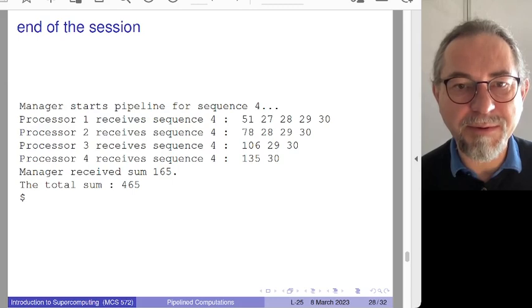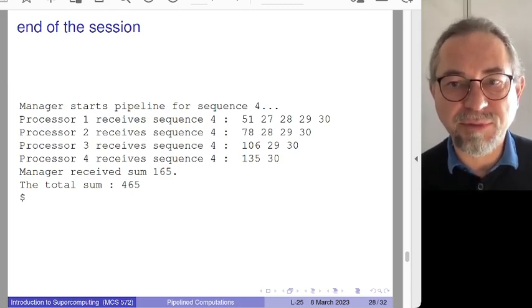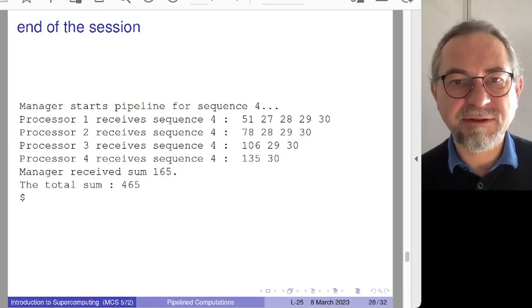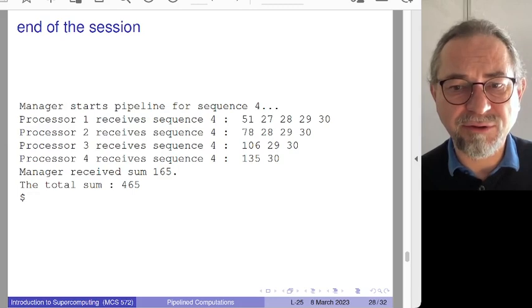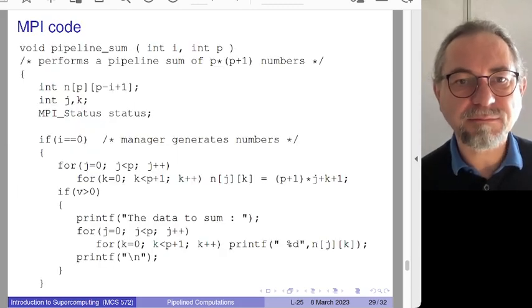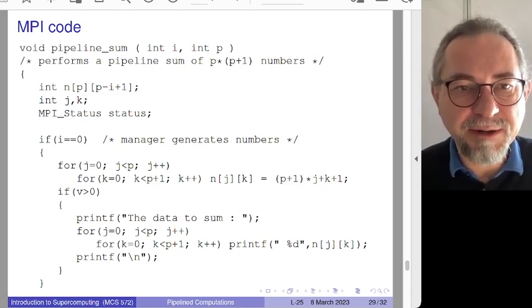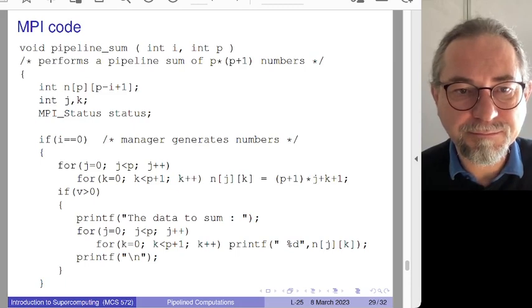I most likely arranged it so that a fixed number of steps were going to be done depending on the number of processors in the pipeline. And indeed, we have the pipeline sum.